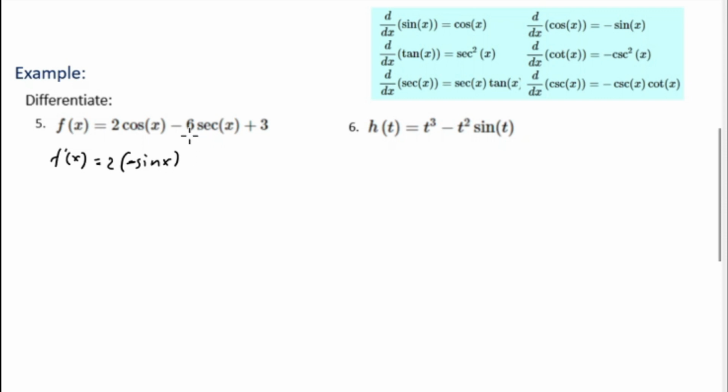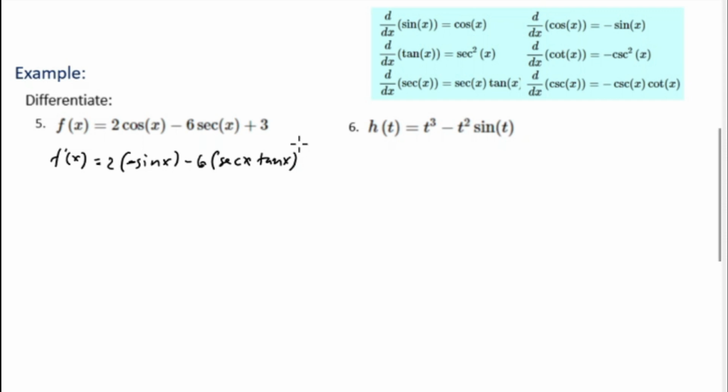Next, the second term, follow the negative, and 6 the constant, and what is the derivative of secant of x? Based on the table, the derivative of secant of x is secant x tangent x. So this will be secant x tangent x, close parenthesis.